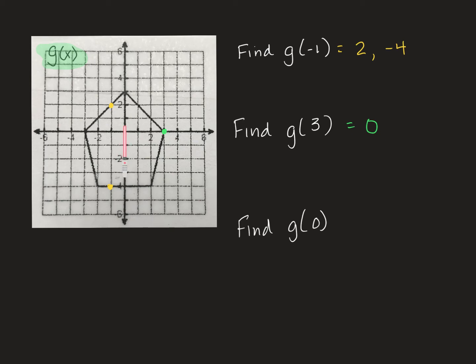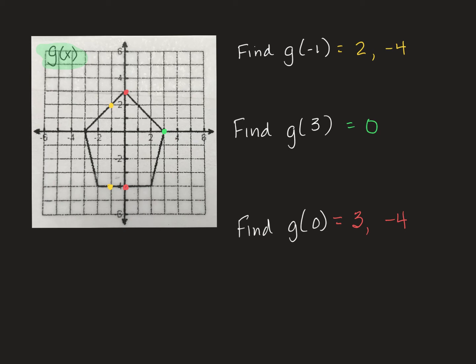Again, I have a point up at the top and a point down at the bottom. I have 2 answers. So when x is 0, I get 3 or I get -4. So that's where I'm going to have multiple answers.